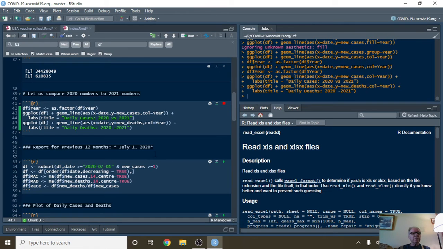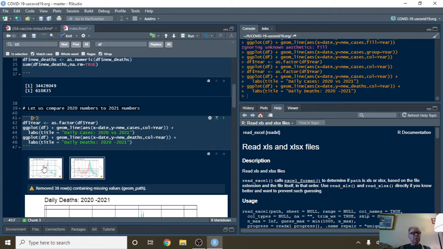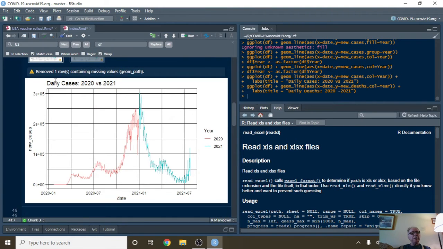Okay, so here's death. Again, what we can see compared to last year, from January, we're seeing a downward trend here. Okay, let's just stop here.